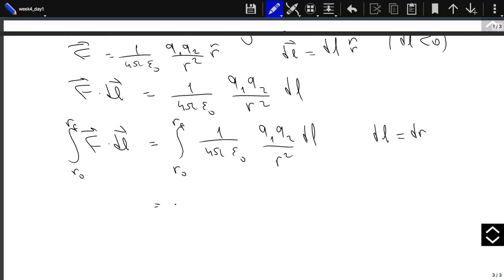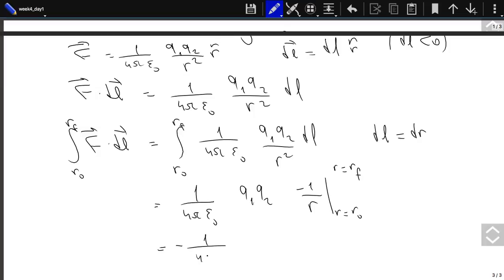So this is equal to, if we take the integral, 1 over 4 pi epsilon 0 Q1 Q2 times minus 1 over R. This is the integral of 1 over R squared, evaluated from R equal to R0 to R equal to R final. This will be minus 1 over 4 pi epsilon 0 Q1 Q2 over R final plus 1 over 4 pi epsilon 0 Q1 Q2 divided by R0.